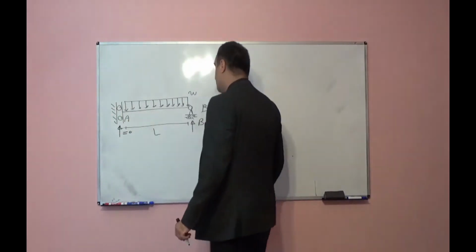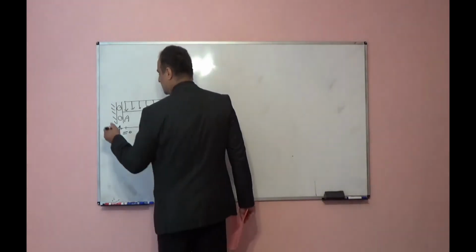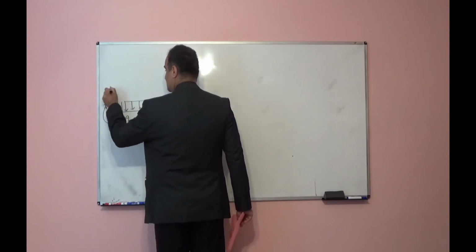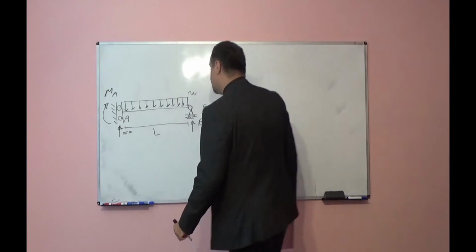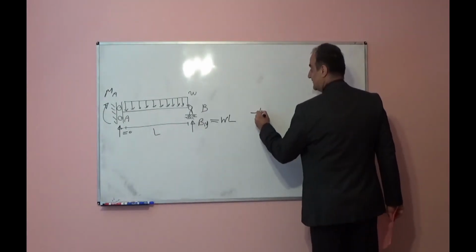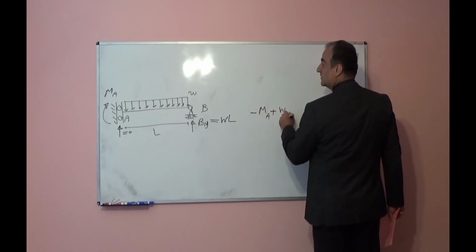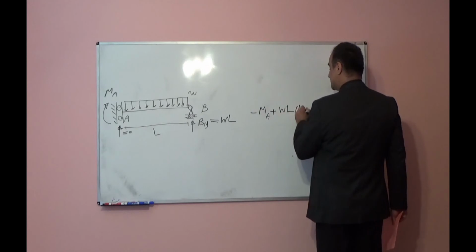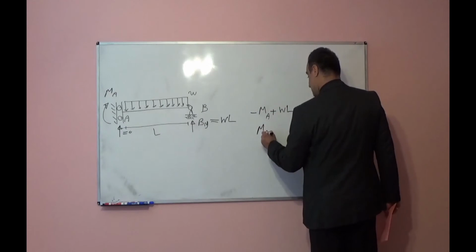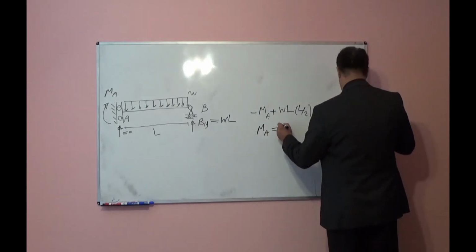How about the moment reaction? Here you can assume any direction. For example, let's assume this direction, MA. What is MA? If I take moment with respect to point B, I will have negative MA plus W times L over 2 is equal to 0. From here, MA will be equal to WL squared over 2.